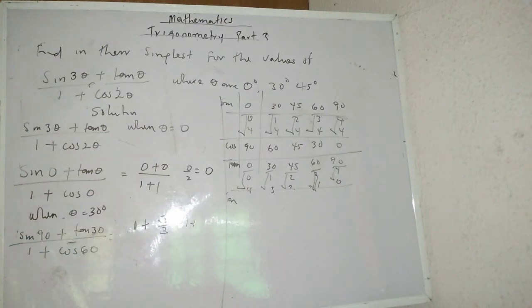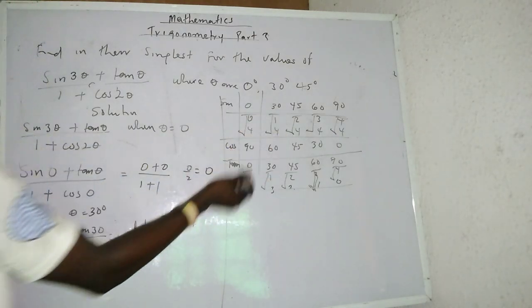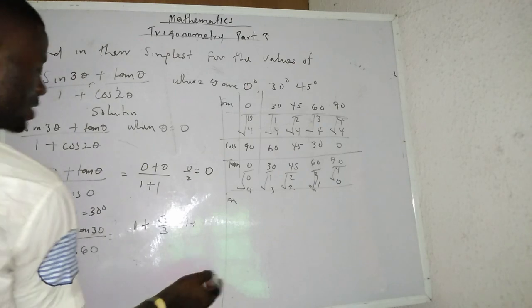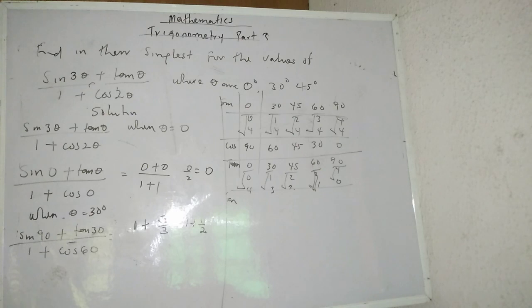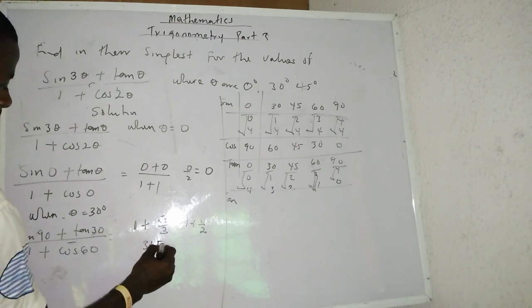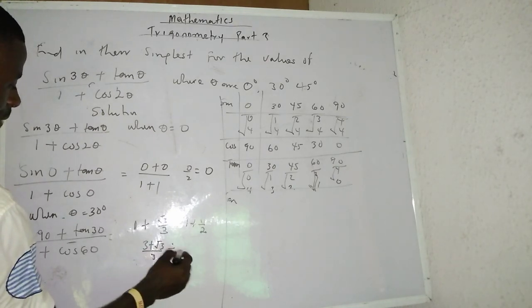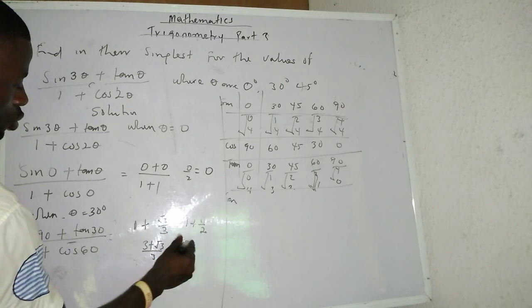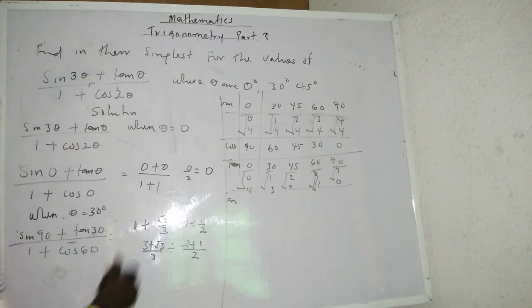My cos 60 is half. Root of 4 is 2, 1 over 2, root of 1 is 1, which is half. Now, I have 3 plus root 3, all over 3, divided by 2 plus 1 all over 2.